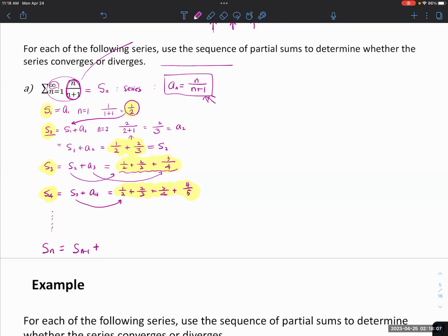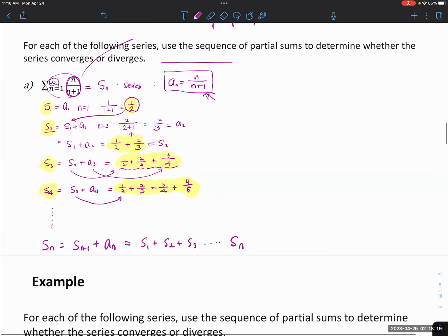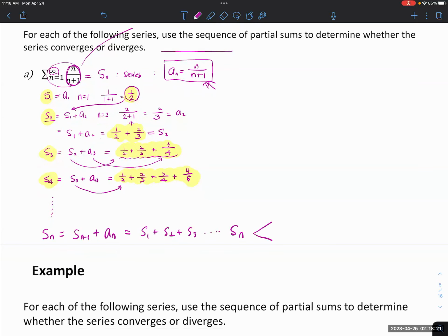Sn is S(n-1) plus An. In other words, this means S1 plus S2 plus S3 plus all the summation up to Sn. They want to know whether this is convergent or divergent. Are you following? So how do I check?